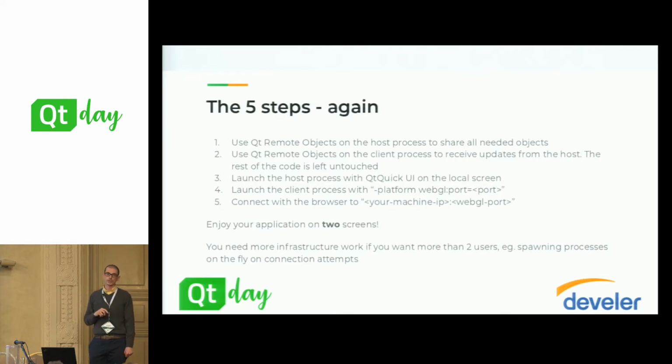This solution allows you to have 2 screens at the same time on the same application. So if you change state on the host, on the local screen, this change will be reflected on the remote part.